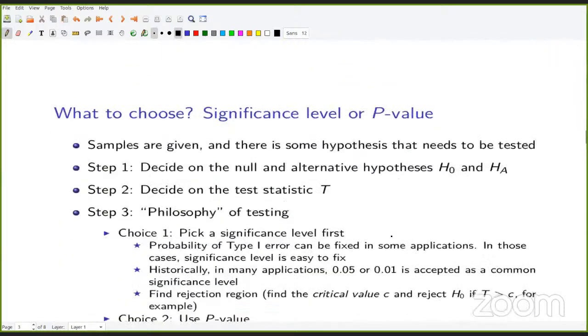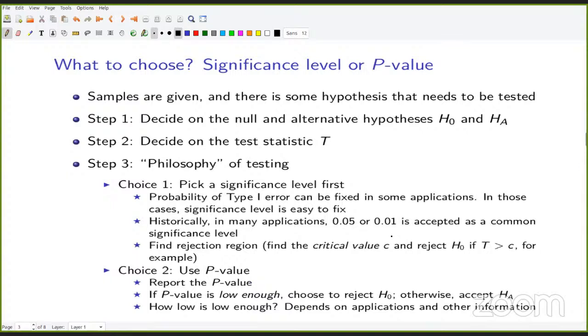Okay, so I will quickly summarize what we did till now. We did two methods. In one method we fix a significance level. In choice one, we pick a significance level and then compute the probability of type 1 error, in which we have an arbitrary constant C that we try to find.